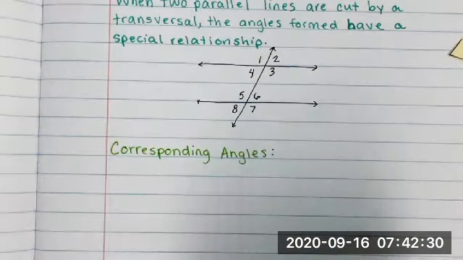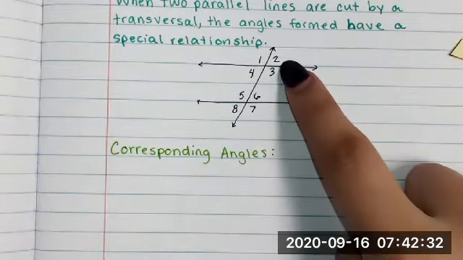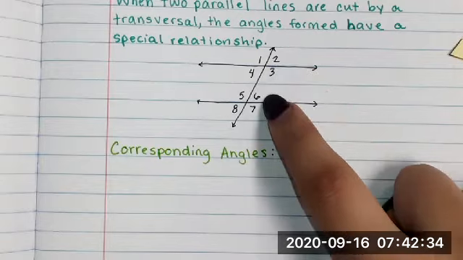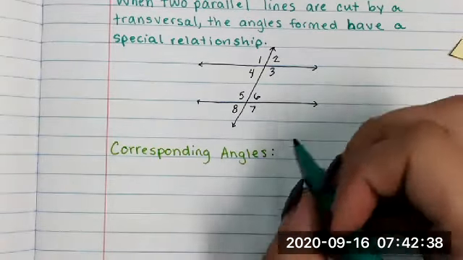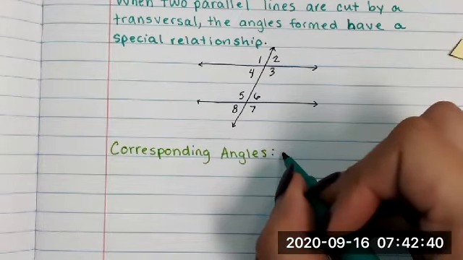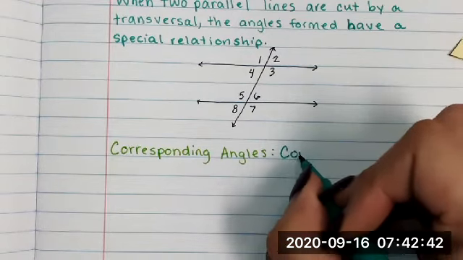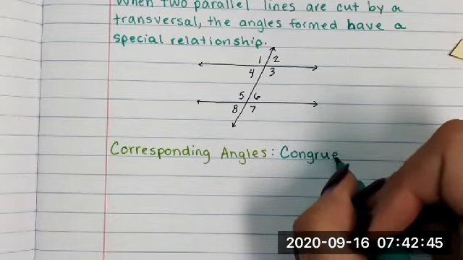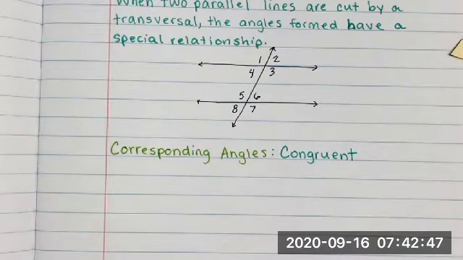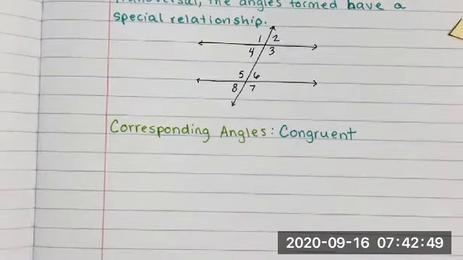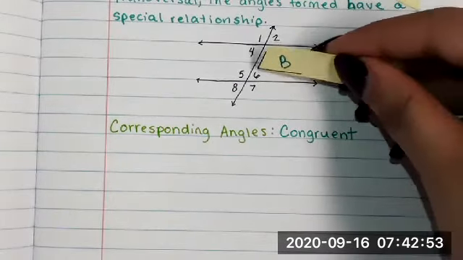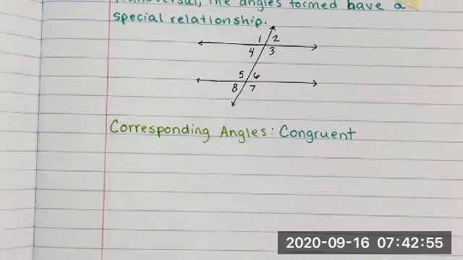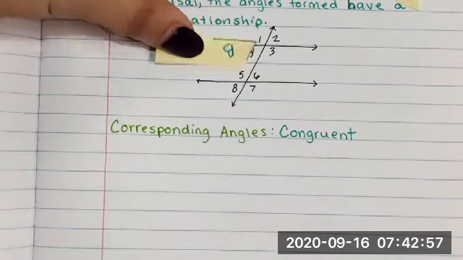So corresponding angles, like when I placed angle B right here and right here, we found it was the same angle. So corresponding angles are congruent. Alternate interior angles are also congruent.